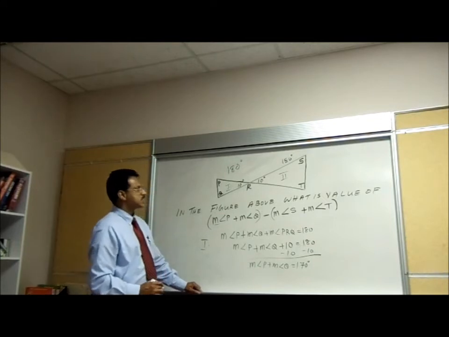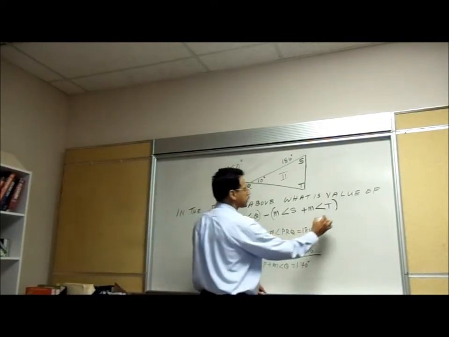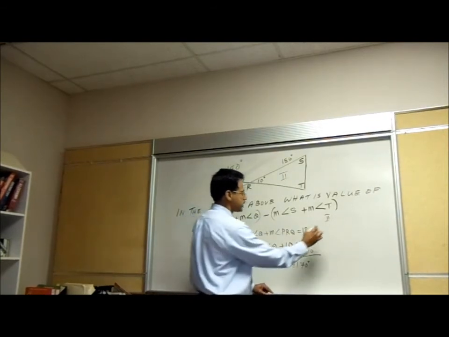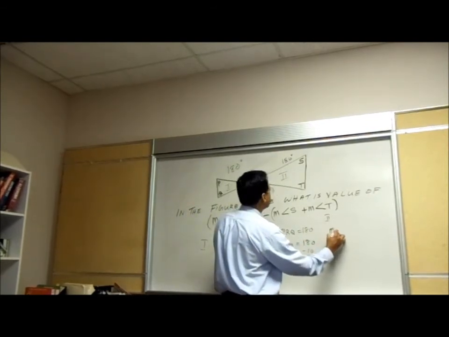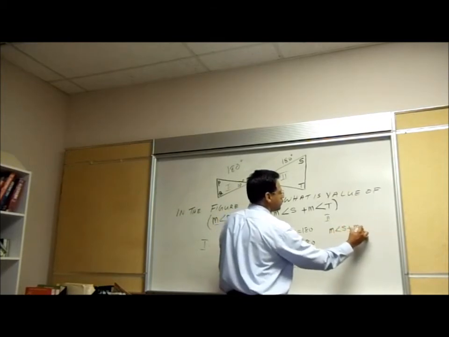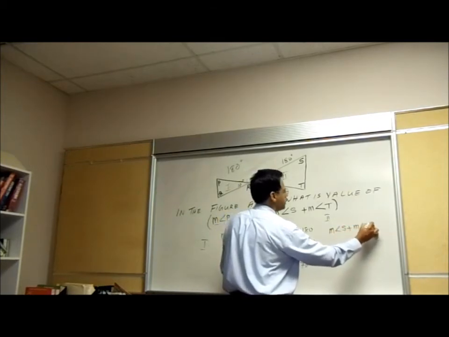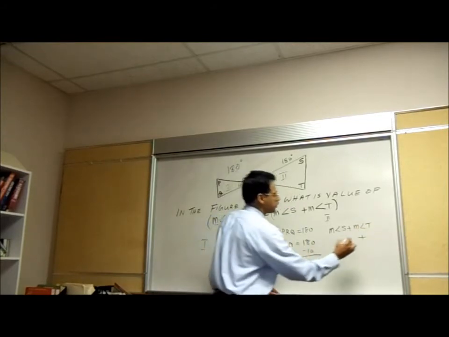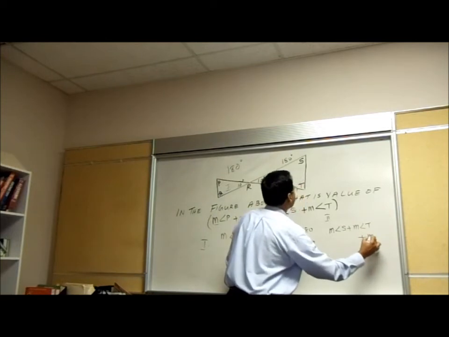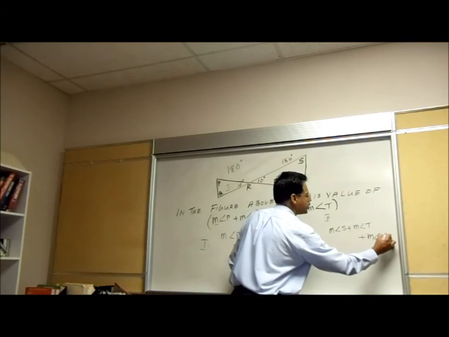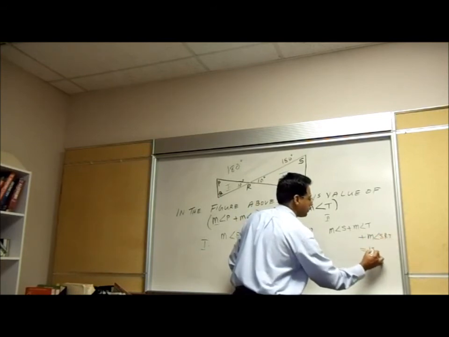Then consider the second triangle. Let's take the sum of the measures of the second triangle. So measure of angle S plus measure of angle T plus measure of angle SRT equals 180.